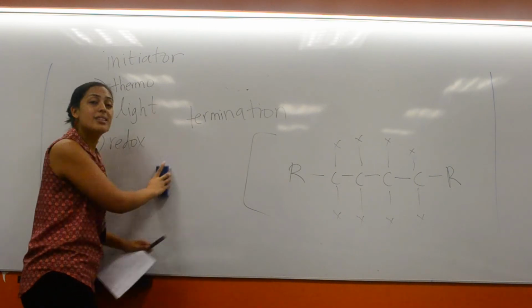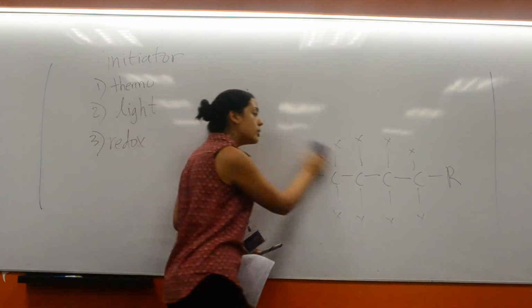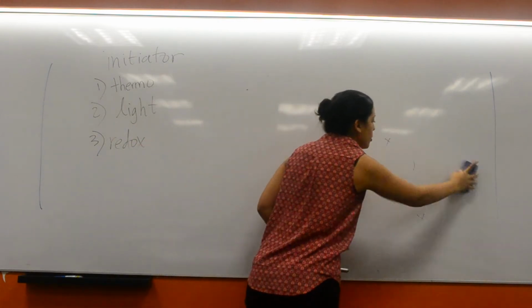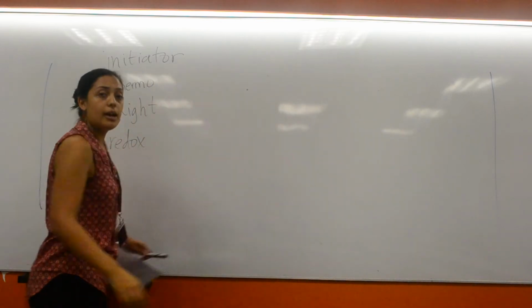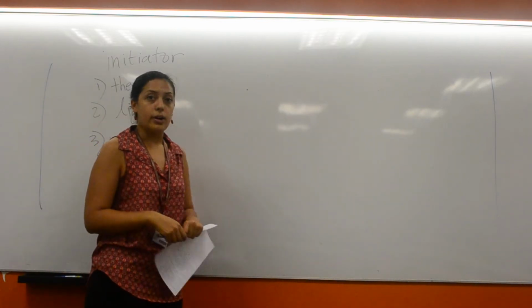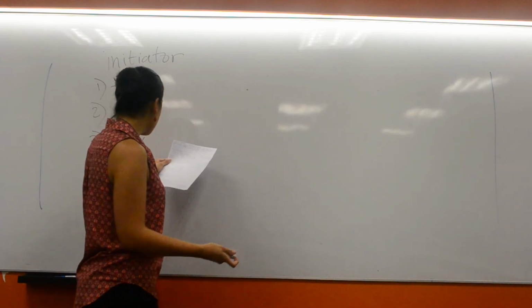Now, you can do basically the same thing, except instead of using a radical as your initiator, you can use an ion. And you can use either a positive or negative ion, right? Either an anion or a cation. So let's look at that.